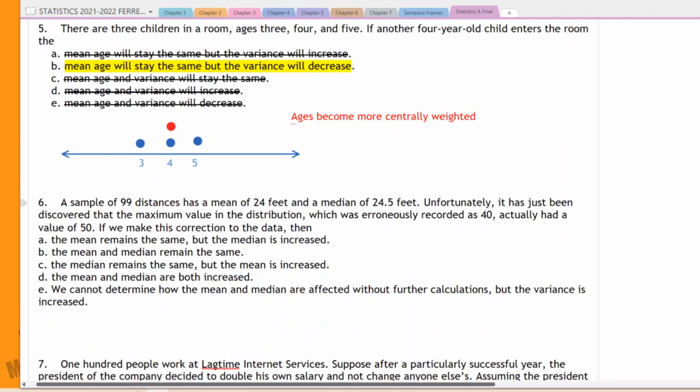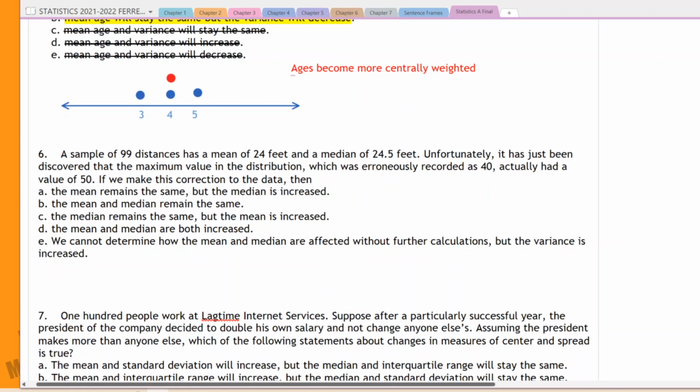All right, that brings us to number 6. A sample of 99 distances has a mean of 24 feet and a median of 24.5. Unfortunately, it's just been discovered that the maximum value of the distribution was erroneously recorded as 40 when it actually had a value of 50. So if we make that correction, what's going to happen?